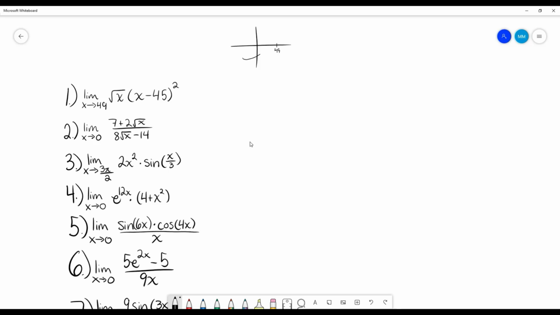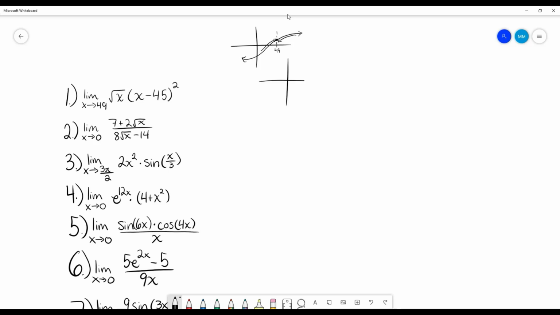As my function gets closer and closer to where x equals 49, as it gets closer from this side and as it gets closer from this side, I'm looking for what point this is going to be. Obviously, I just drew a random function. This isn't actually what happens to be right in there necessarily, but I'm not actually looking for what this point is, just what the function is approaching, right? So in this case, it happens to be approaching what the point is.